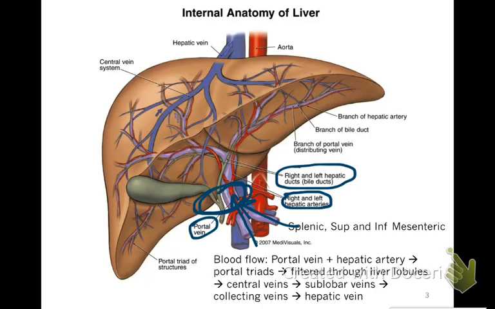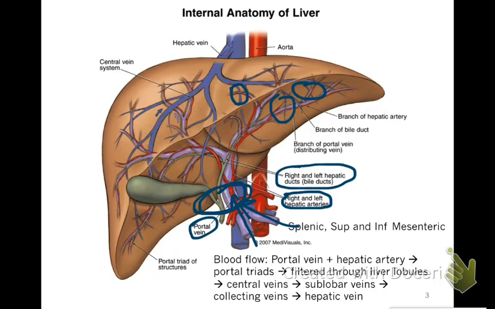You can see that each one of these branches has all three colors, kind of like Aquafresh. So like right here or right here, you'll see that every strand has basically the bile duct, some sort of an artery branch from the hepatic artery, and a branch from the portal vein.